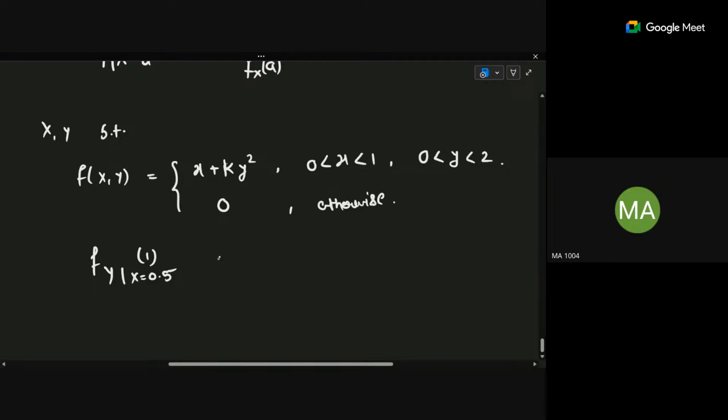Okay, first, you told me to calculate the value of k. So what is the value of k here? Double integration with x and y is equal to 1, 0 to 1, 0 to 2. I have not asked the procedure. Just give me the final value of k.